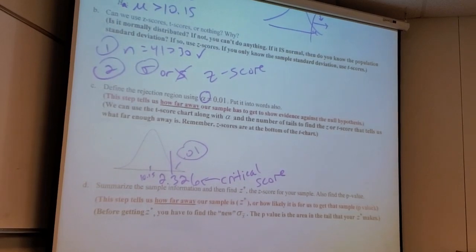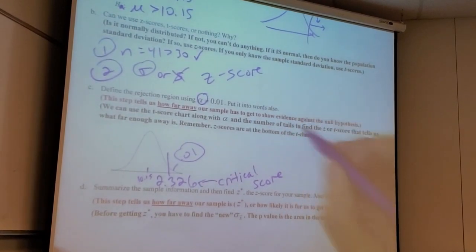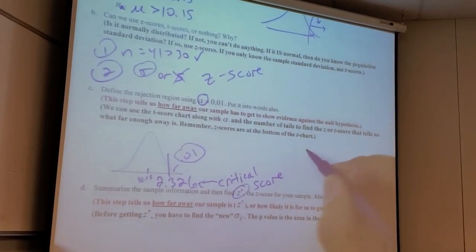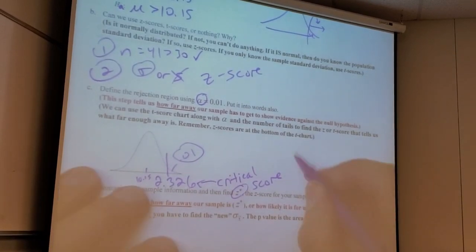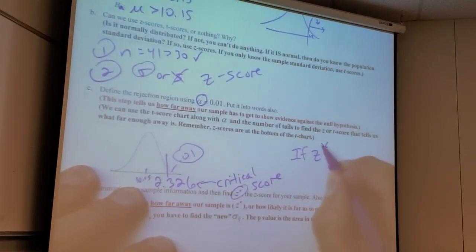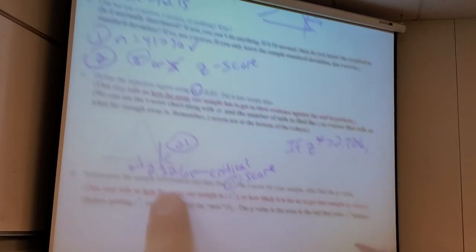Okay. So, what do I mean by put it into words also? I mean this. I'm about to calculate a z-star from my sample. Z-star represents where my sample is. So if z-star is greater than 2.326, what can we do?